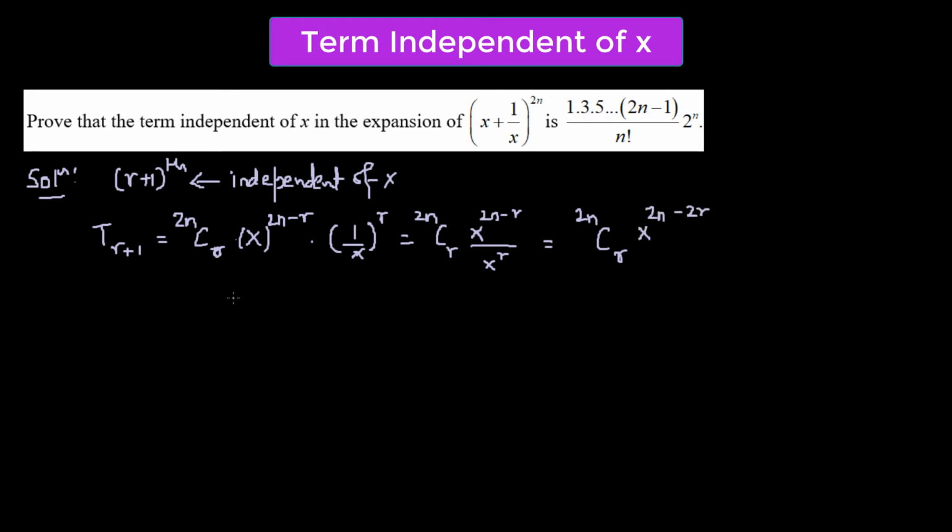Now, since we have to make this term independent of x, we let 2n minus twice of r be equal to 0, and on solving for r, we get r is equal to n.